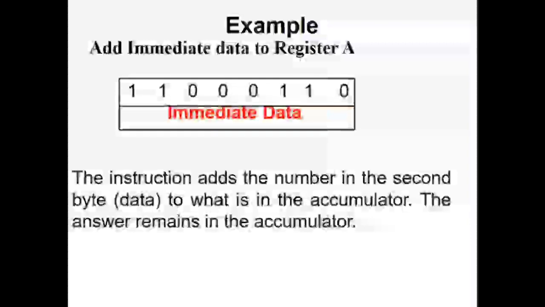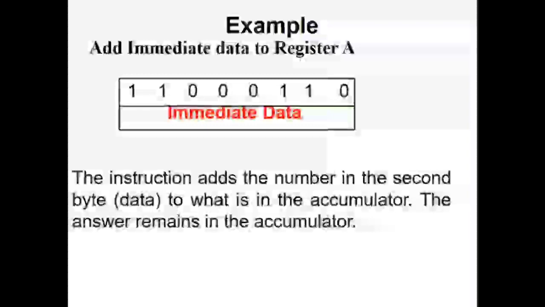The whole of the first byte is the operation code. We don't mention register A, we just mention the immediate data. So the whole of the first byte is the add A instruction, add to register A. Now, what am I adding to register A? I just mention the immediate data.